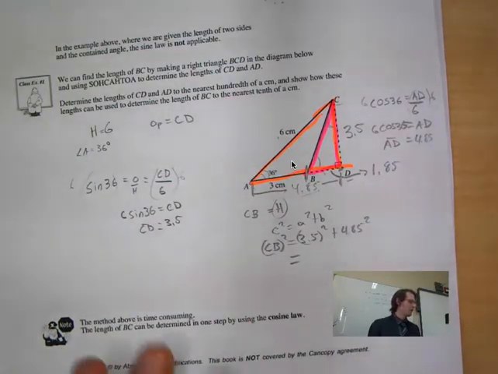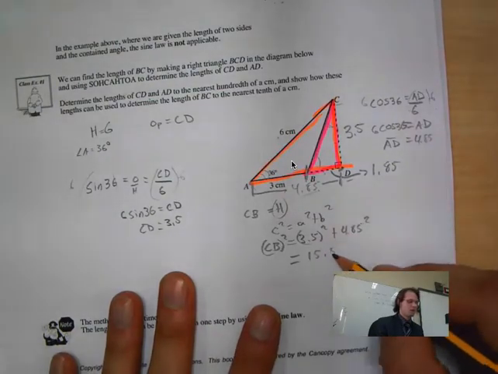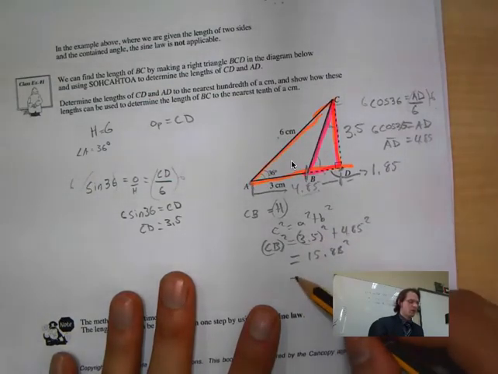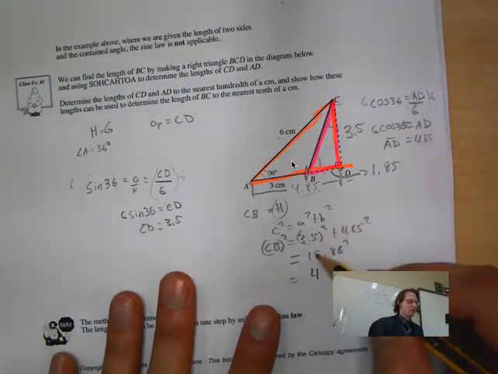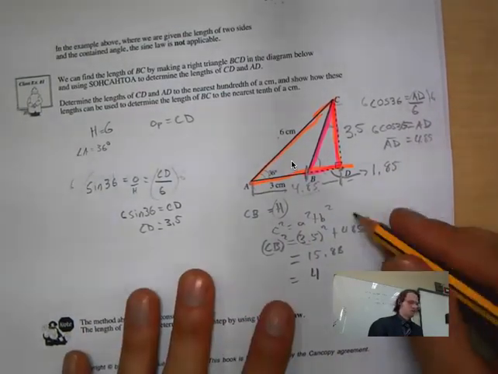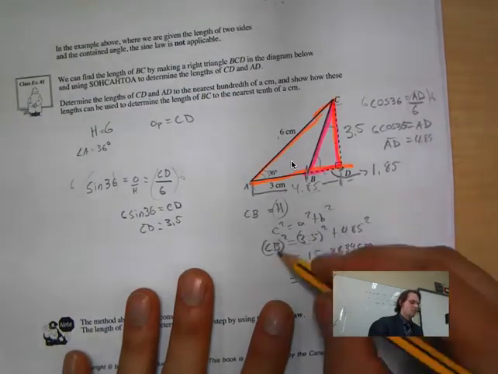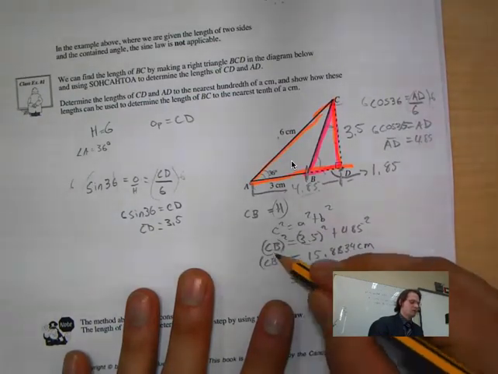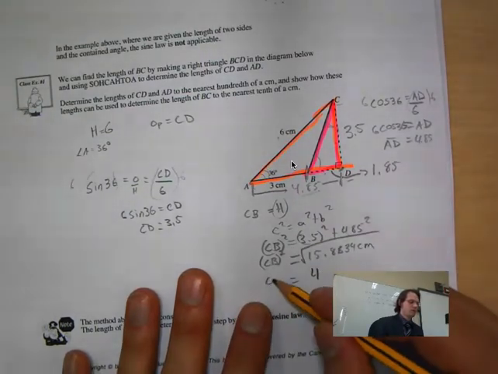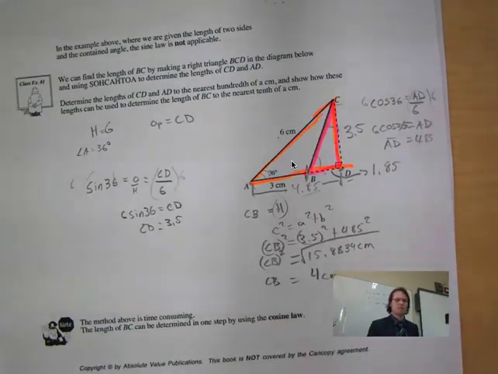Now I calculate that out, I am going to end up getting 15.88 something. Now, that's CB squared. So I'm going to have to square root both sides, so I get CB is equal to approximately 4 centimeters. Okay? There we go.